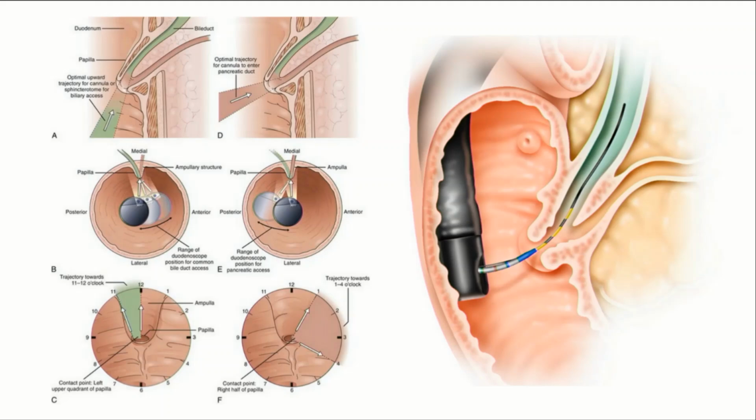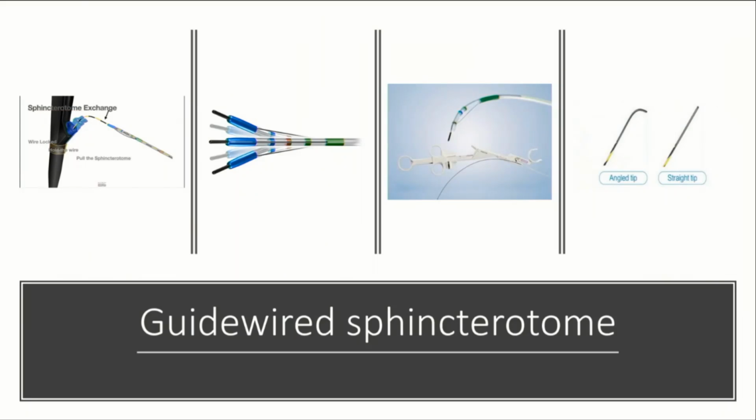Unfortunately, this is something that we cannot see from the outside, but we can move the tip of the endoscope in this direction, right-hand side, in order to align the tip of the endoscope and the instruments with the 11, 12 o'clock position, or from the other side in the direction of the 3 o'clock position, which is the pancreatic. So these are things that you're going to get with time.